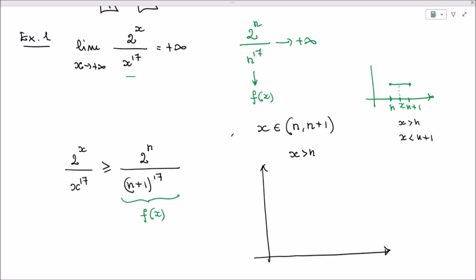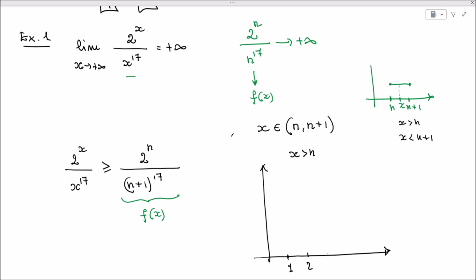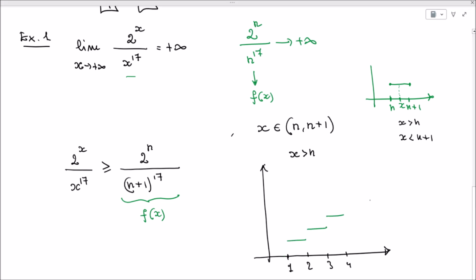This can be thought of as a piecewise function, starting from 1, 2, 3, and 4, it will have a behavior like this, because we already know that this will diverge to plus infinity, right? Because this is a sequence where an exponential wins over the power. So we know that this will go to plus infinity, and then by the squeeze theorem, this will go to plus infinity. So we are done then.